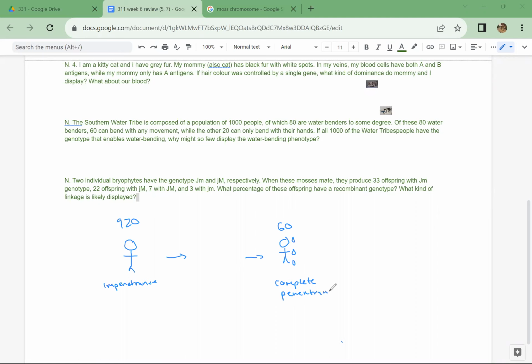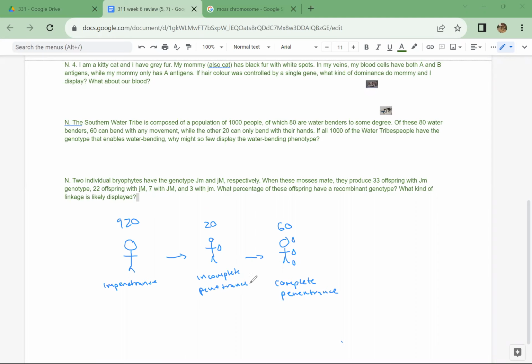It was able to penetrate their genome and be expressed correspondingly in the entire manner in which you expect it. But 20 of them were able only to express the penetrated gene in a limited way. They could only bend with their hands. So the gene penetrated them incompletely.